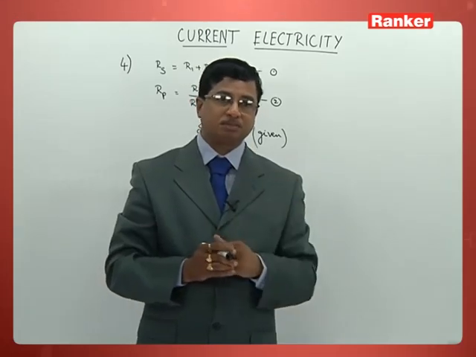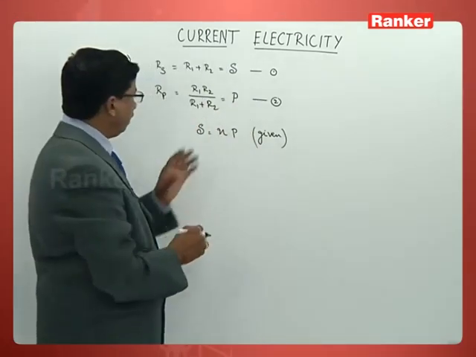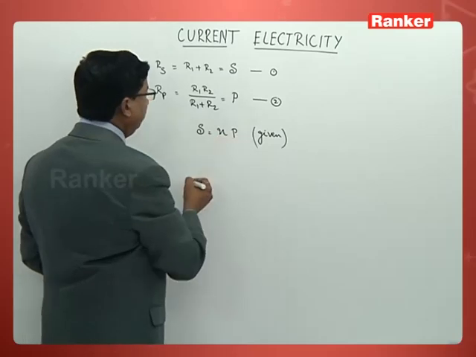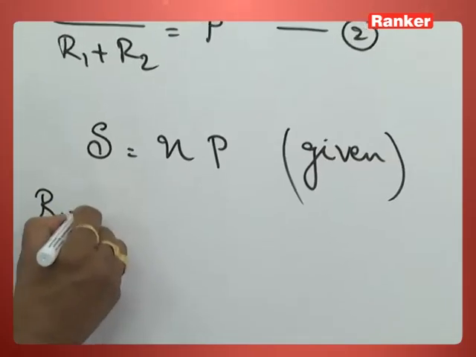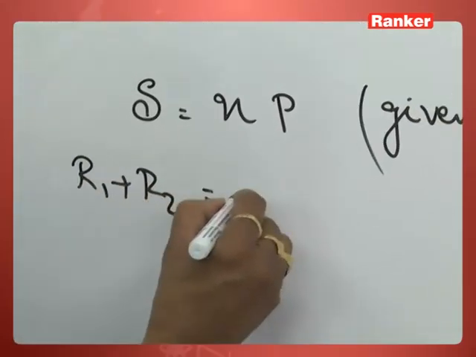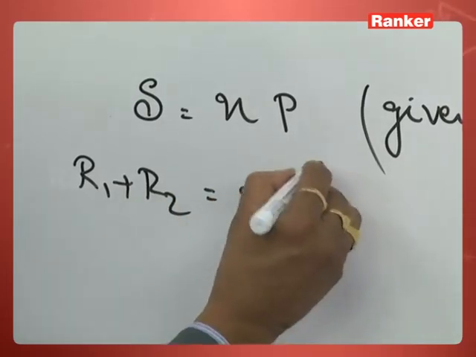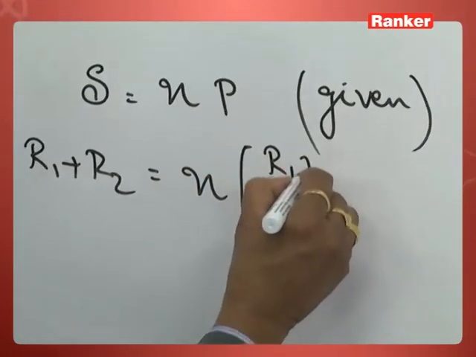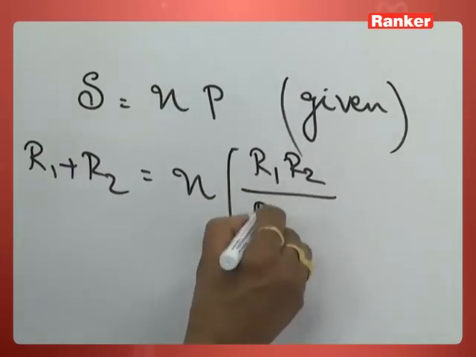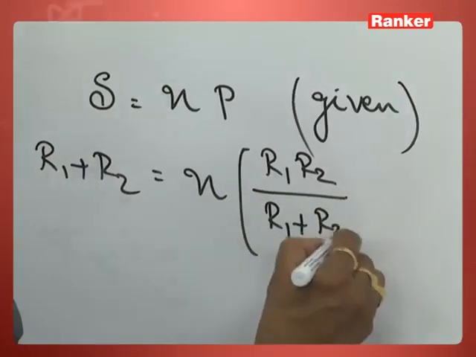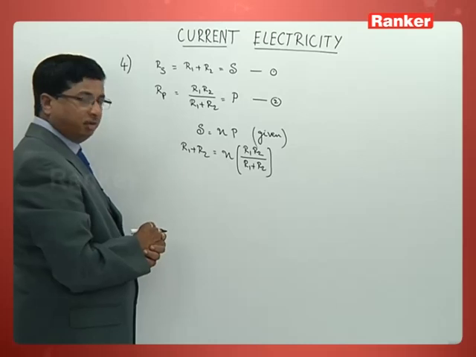That is the concept. So S is equal to NP means R1 plus R2 must be equal to N times R1 R2 by R1 plus R2.